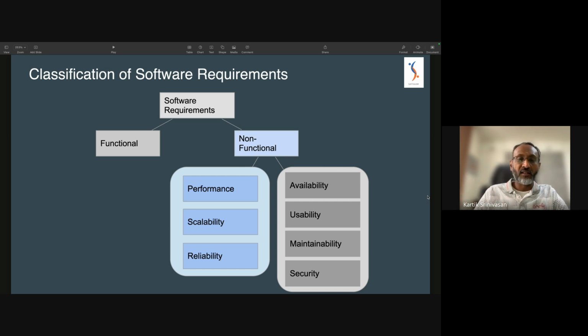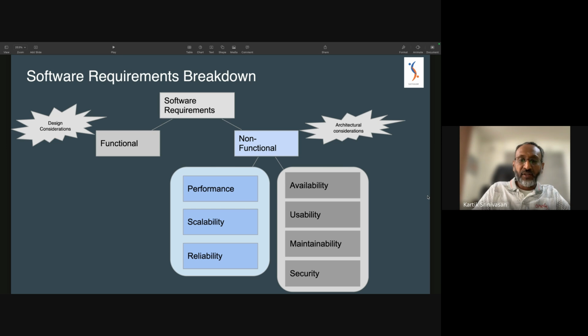Those are things that we won't be discussing at length today. We will be focusing specifically on the aspects of performance, scale, and reliability. But this is just to give you a sense of which branch of software we are focusing.